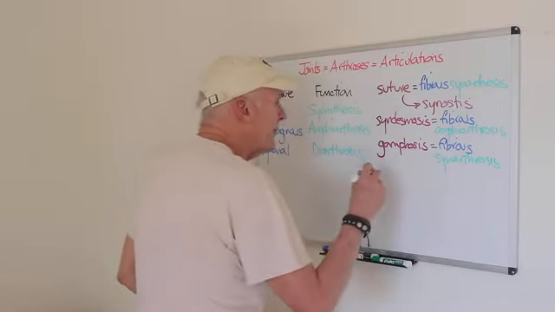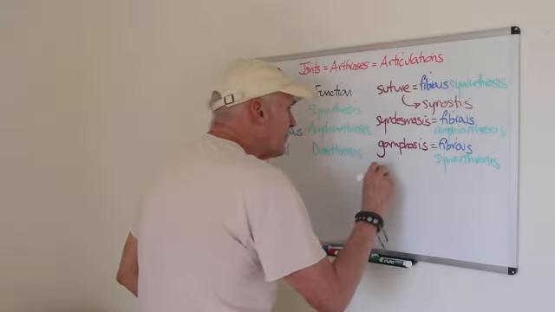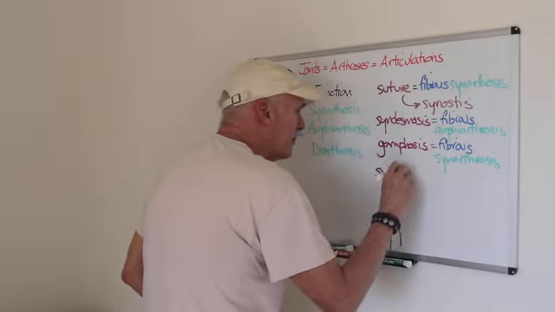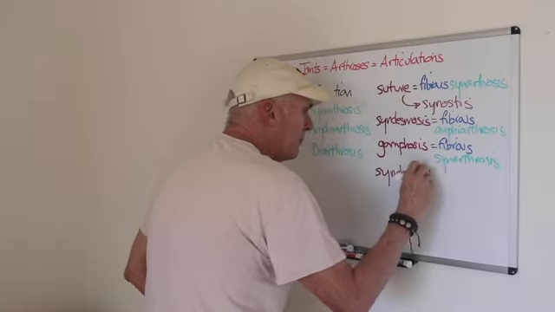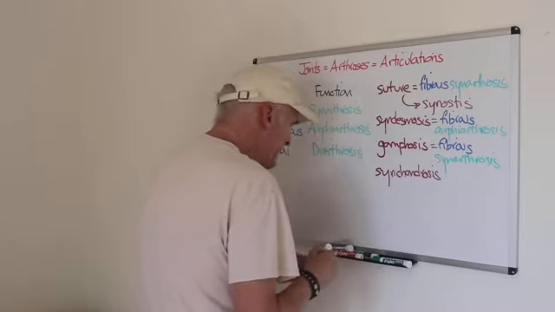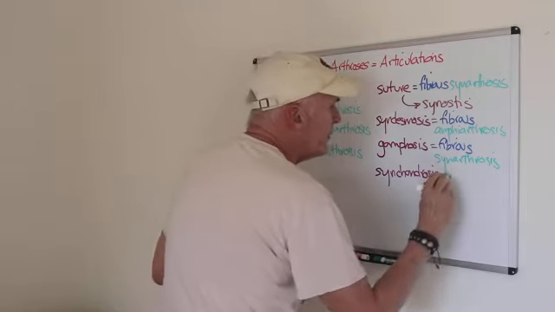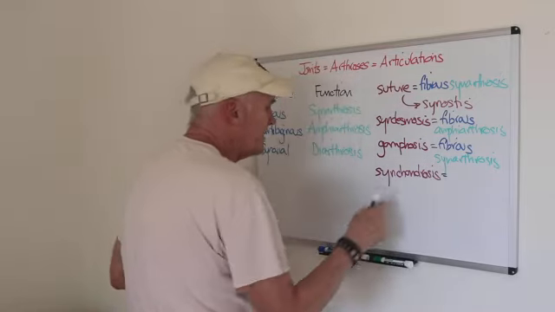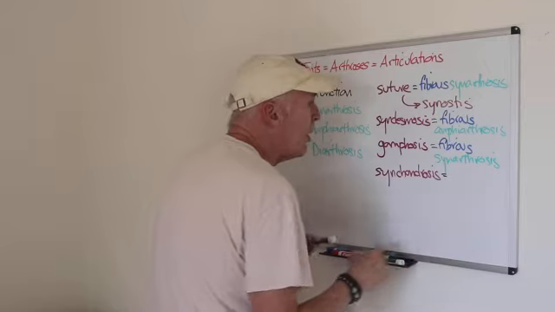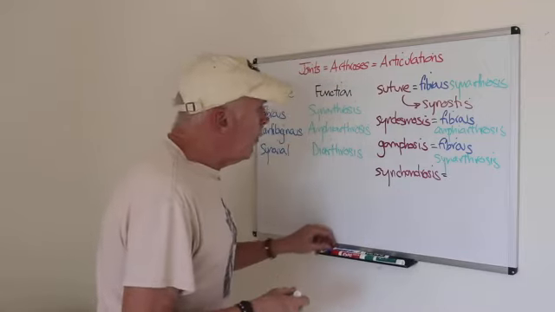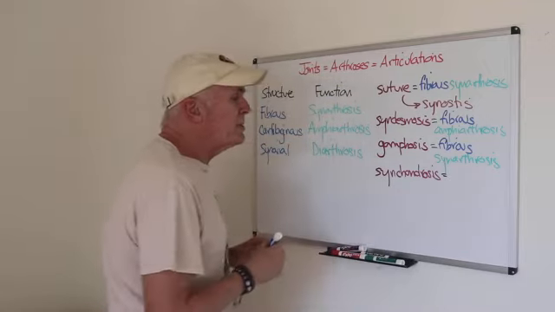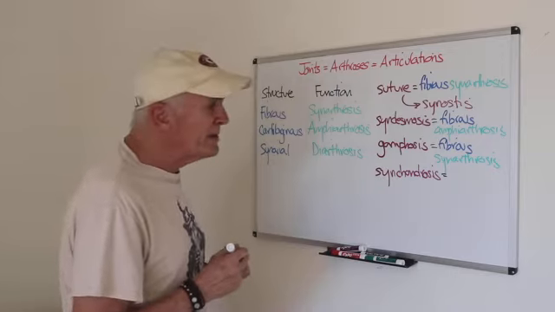Let's continue with a synchondrosis. So I've talked about this before. Whenever you see chondro, what does that mean? It means cartilage. So what is the structural classification of a synchondrosis?